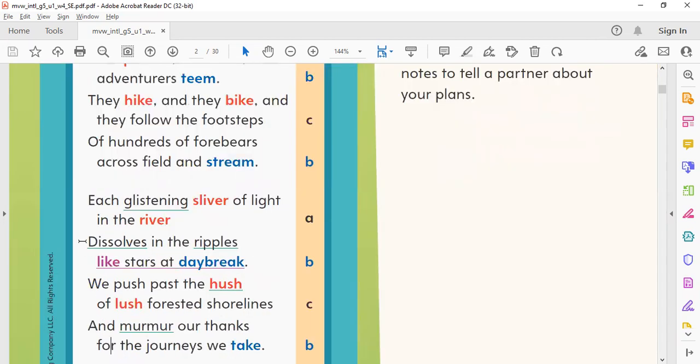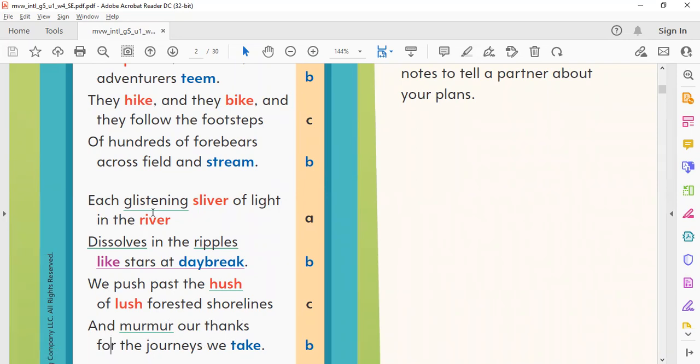Also here, let's look at this one. "Each glistening sliver of light in the river dissolves in the ripples like stars at daybreak. We push past the hush of lush forested shorelines and murmur our thanks for the journeys we take."